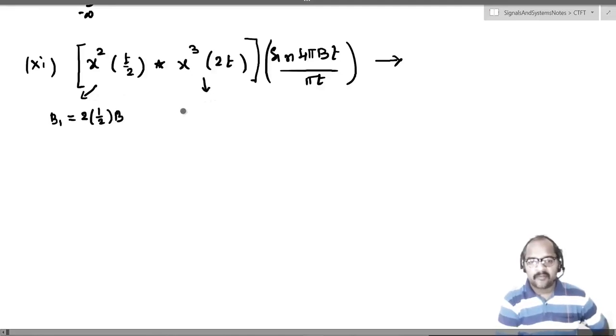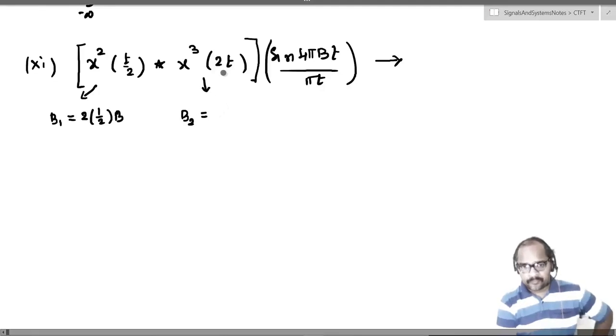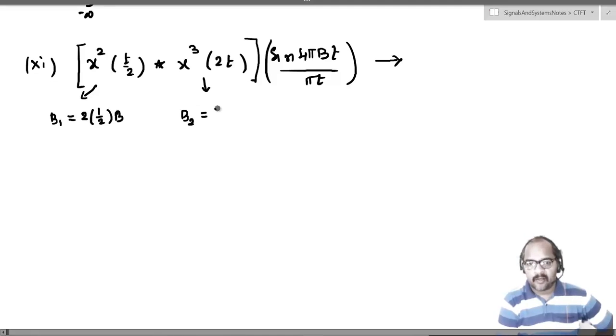Similarly, what is the bandwidth of the second signal? Let us call that b2, and hence what will be the overall bandwidth there? Again with the same argument, it is n a b. Okay, so totally it is 6b, but for the term inside the square bracket, let me call the bandwidth b3.